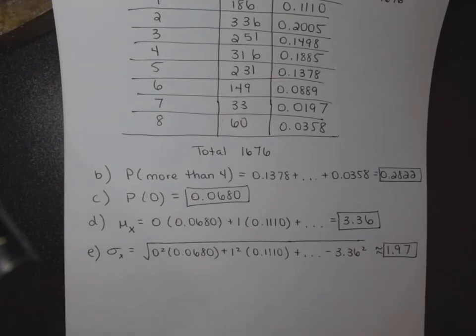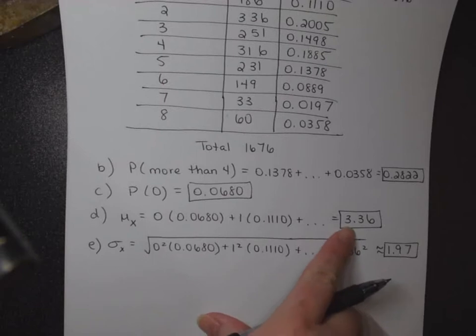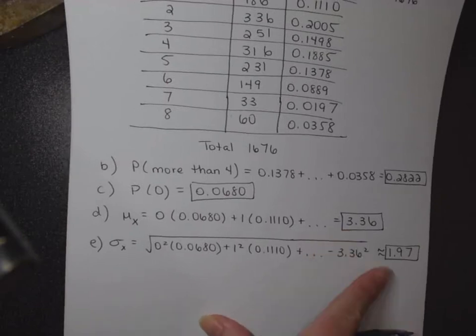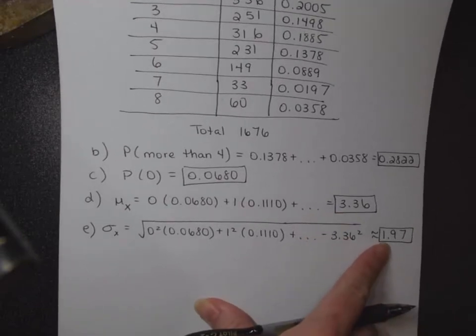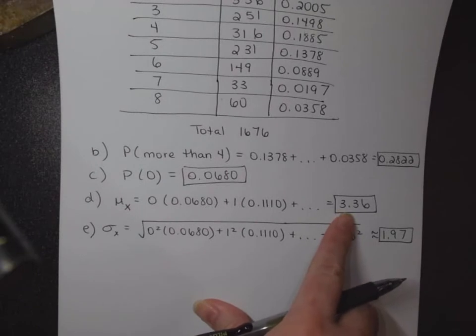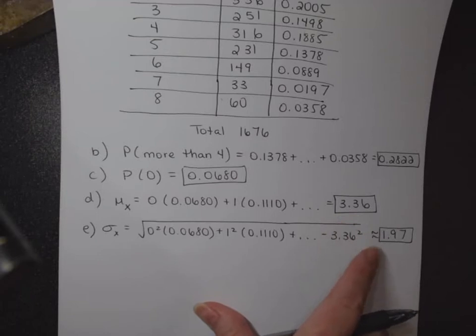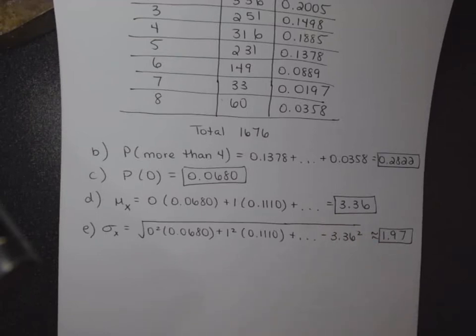So what that means is 3.36 would show up in the middle of your chart, and you would go out 1.97. We would expect everyone on average to have about 3.36 hours relaxing, give or take 1.97, and then we could go out different levels of that, right?